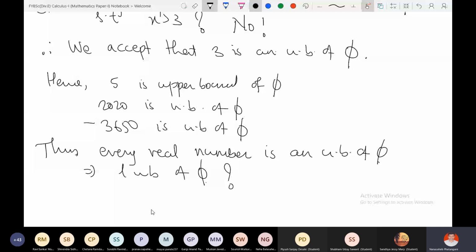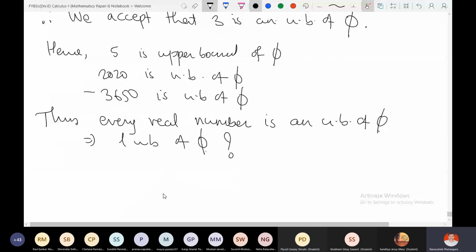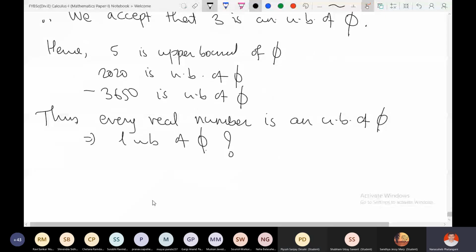What is the least upper bound? Minus infinity, which is not a real number. Does it exist in the real world? We are talking about real numbers. We don't know where minus infinity is. We cannot reach minus infinity, which is not in our universe. So what should we say?